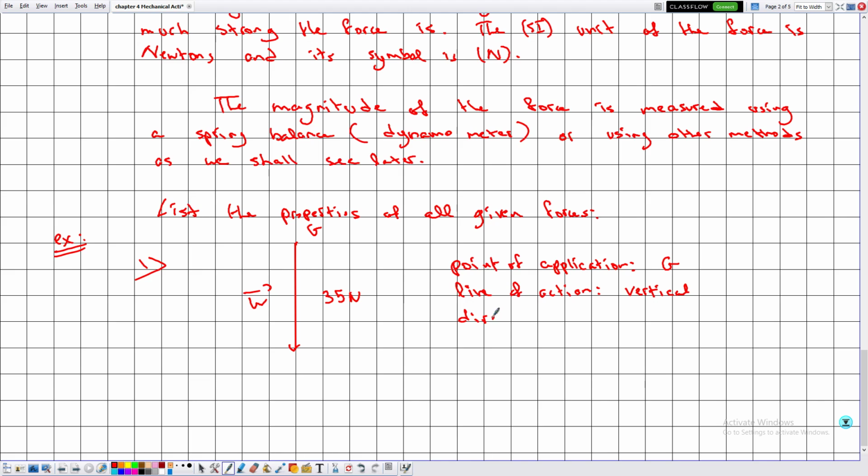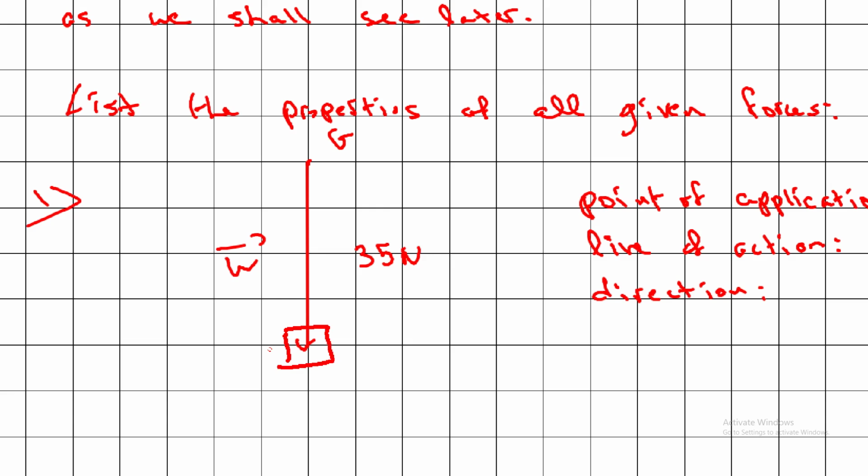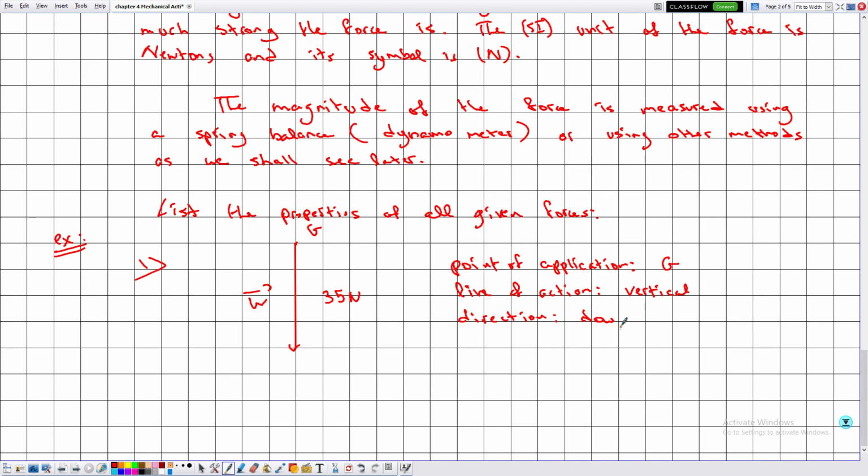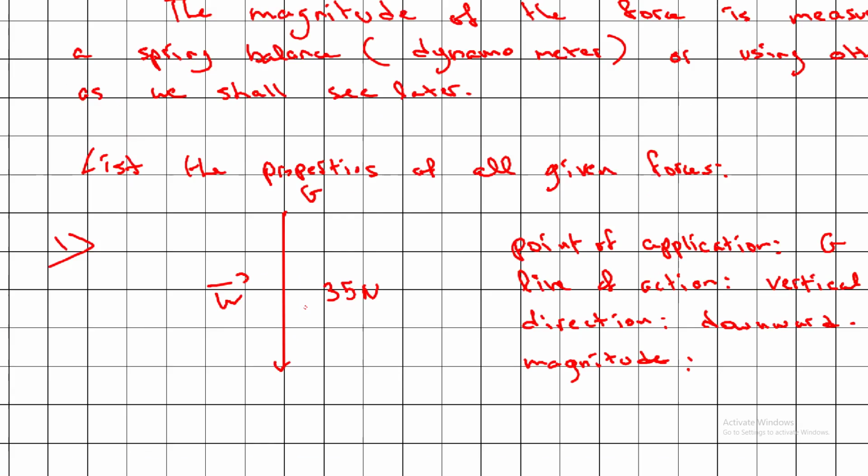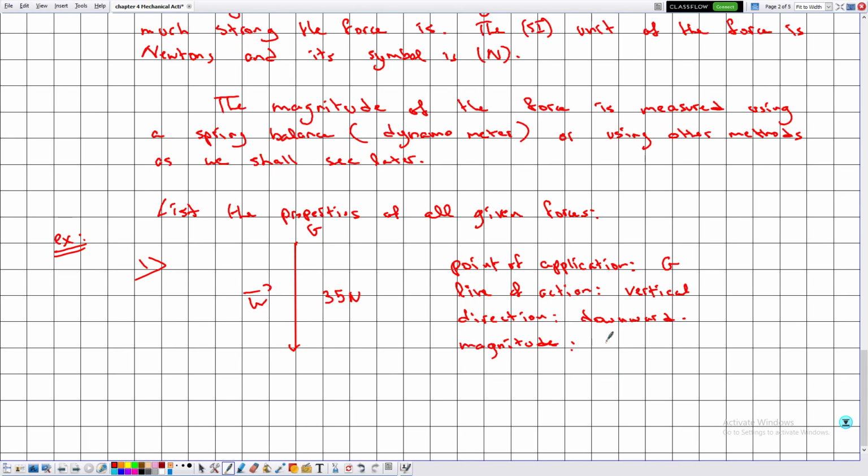The direction is determined from the head of the vector, which is downward. And as for the magnitude, it is indicated in this case on the vector itself, which is given by 35 newtons.